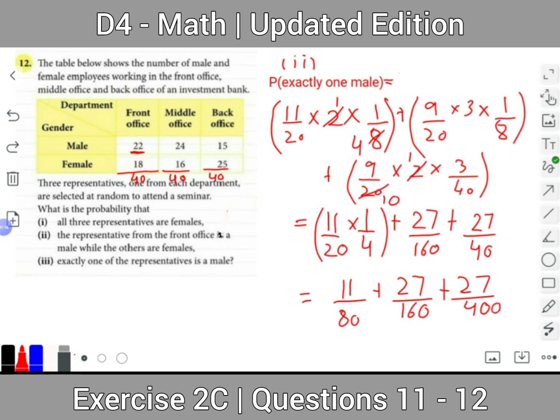Here we have 400. Now we are taking the LCM of 80, 160 and 400.